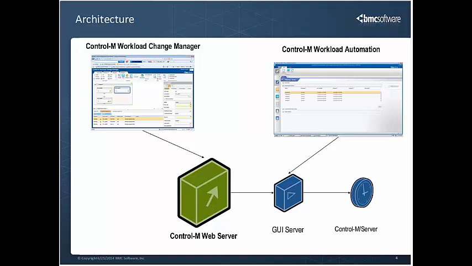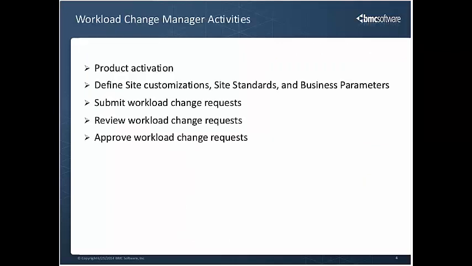Now I'm going to explain the activities that are performed on Workload Change Manager. For product activation, Workload Change Manager is delivered with 6.3 for Control-M Enterprise Manager 8. It is a license-separate product, like self-service, for example.